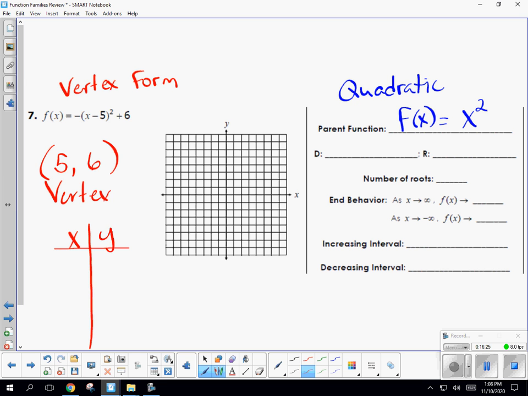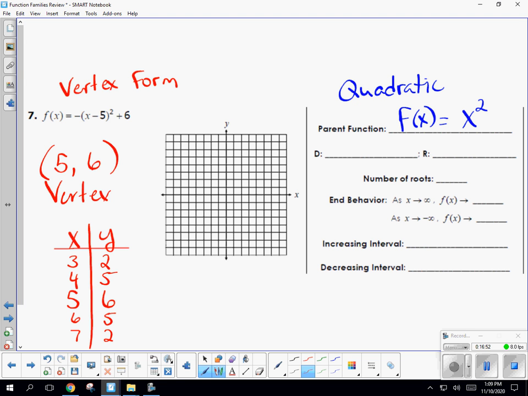So now let's use a t-table to figure out the rest of our values, starting with 5 in the middle, 4, 3, and 6, and 7. When we plug in those values, we get 4, 5, and 3, 2, 6, 5, and 7, 2. Let's graph this parabola.